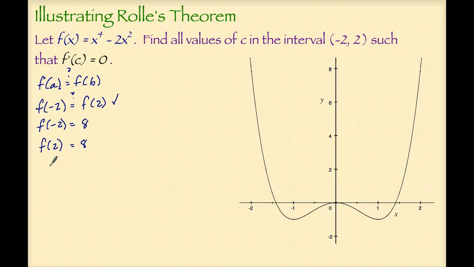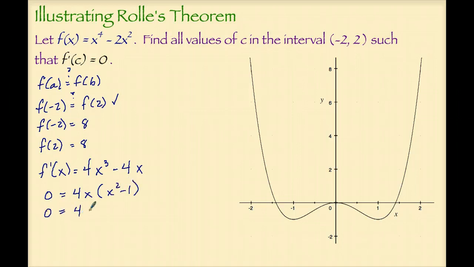So we're going to take the derivative of the function. f prime of x is equal to 4x cubed minus 4x. Let's set this equal to 0 and factor out 4x. This gives us x squared minus 1, which can be factored further: 4x times x minus 1 times x plus 1.